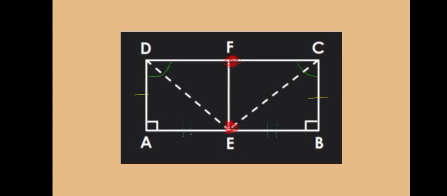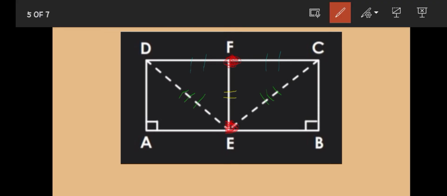Since the summit angles, angle ADC and angle BCD, are congruent, we can conclude that triangle DAE and triangle CBE are congruent by the SAS postulate, or side-angle-side. Again, by the definition of midpoint, line DF is congruent to line CF. Of course, line EF is congruent to itself, and line DE is congruent to line CE by CPCTC.